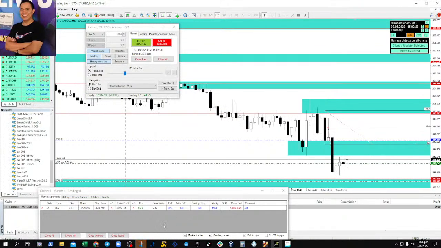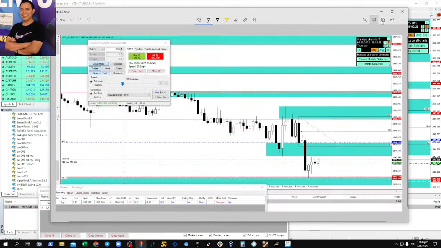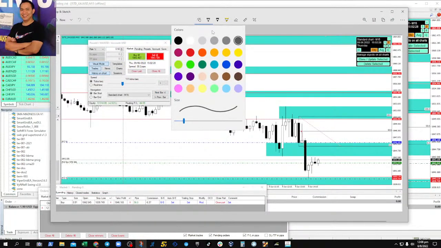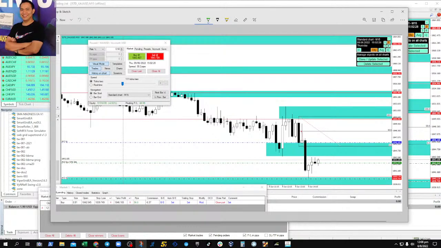Oh, sorry, I meant to draw here. Okay, let me just use this color. So this is an SR flip zone, right? Potentially do something like that. This rejection actually makes me worry.